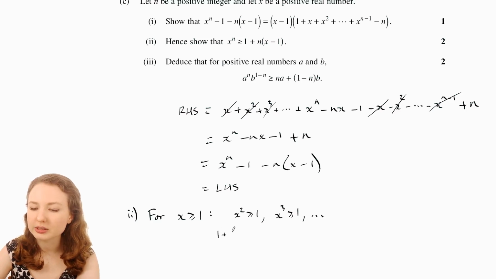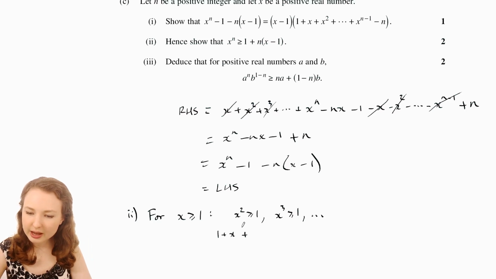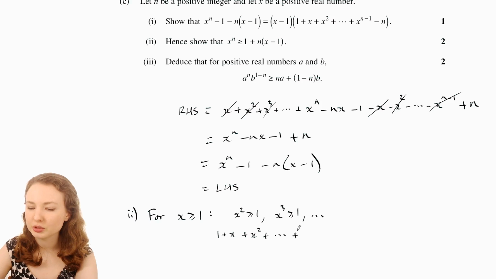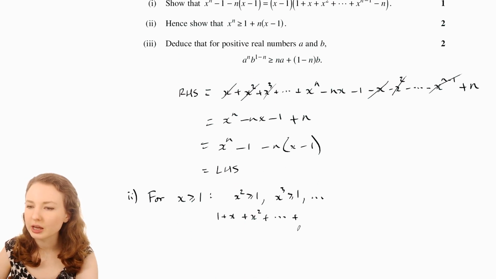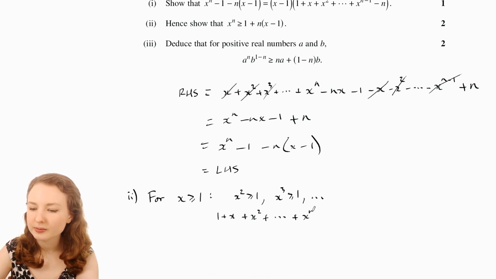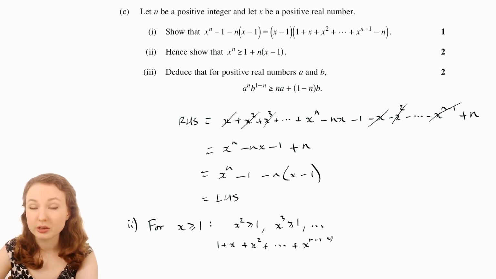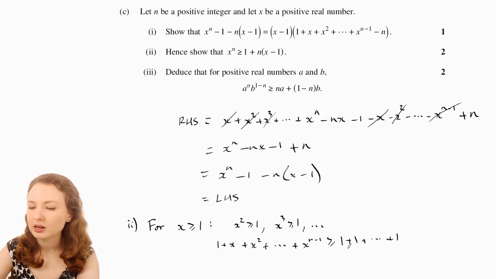So 1 plus x plus x squared, and so on up to x to the n minus 1, that's going to be greater than or equal to 1 plus 1 plus ... where there's n of those.